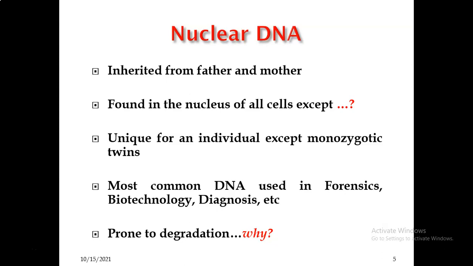But if you look at the mitochondria, there are several mitochondria within a cell. So when there is degradation, you are likely to lose almost all nuclear DNA. But because there are a lot of mitochondria in a single cell, you still have some mitochondrial DNA intact.